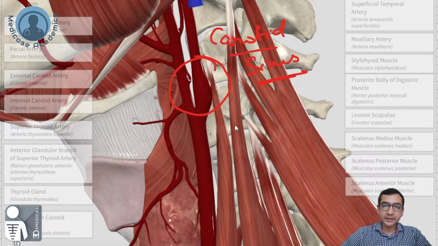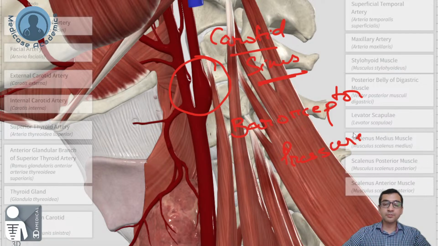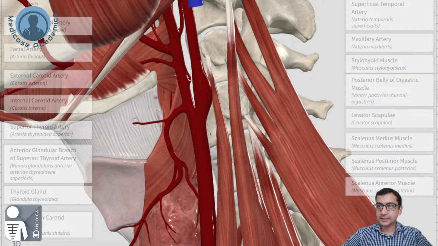This is basically a baroreceptor. Baroreceptor means it senses changes in pressure. So any rise or fall in blood pressure is detected by this point, and it gives the signal to the autonomic nervous system to change the blood pressure accordingly. And this is supplied by the carotid branch of the nerve. So this is about the carotid sinus.